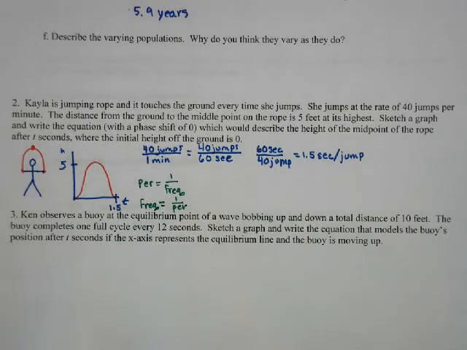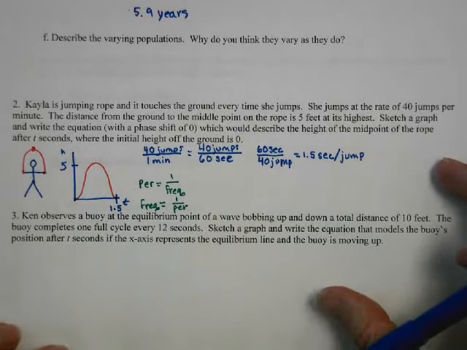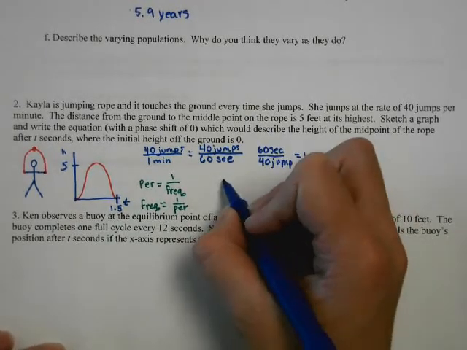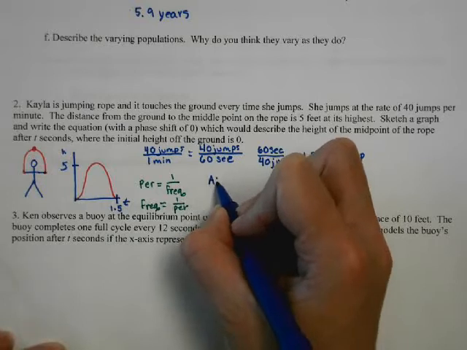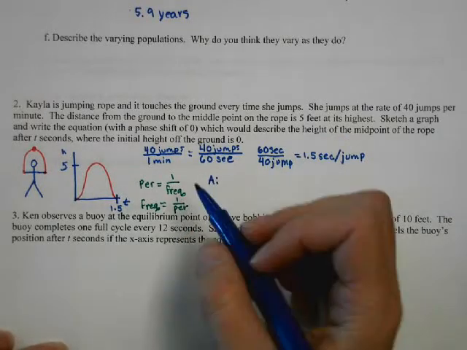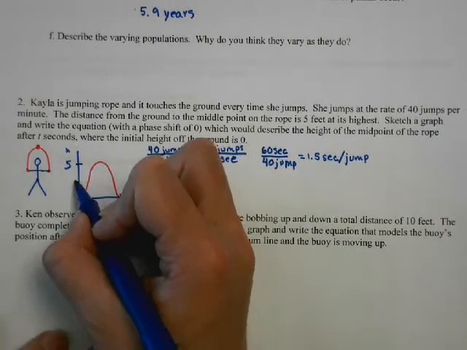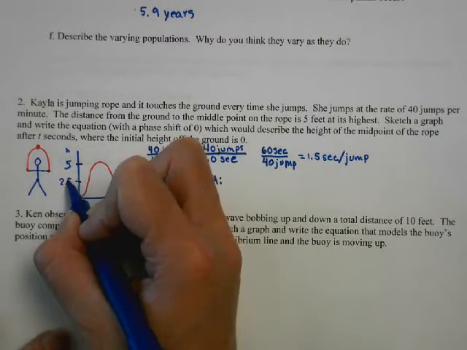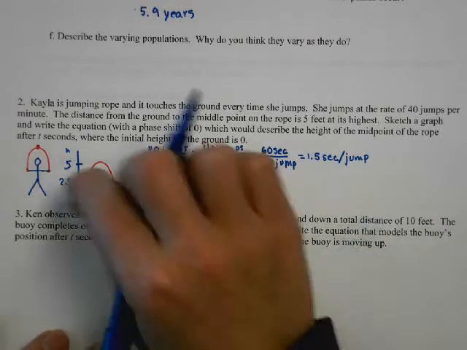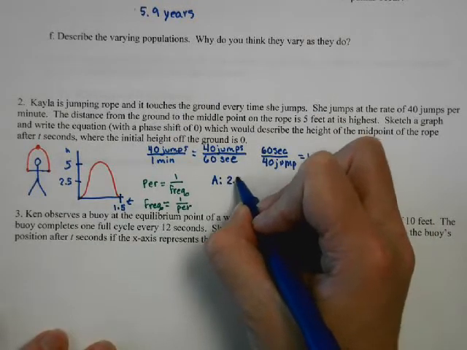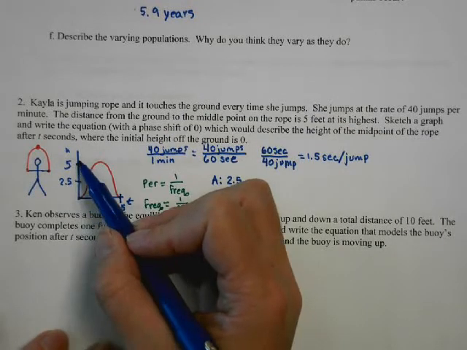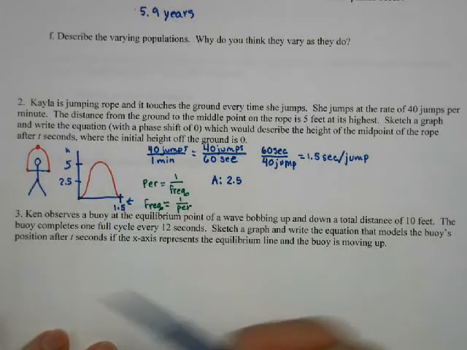From here, we need to fill in the information in our equation. Our amplitude, A, is going to be the distance from the midline to the max or to the min. The midline in this case is right here. So my amplitude is 2.5, because from the midline up we go 2.5, and from the midline down we go 2.5.